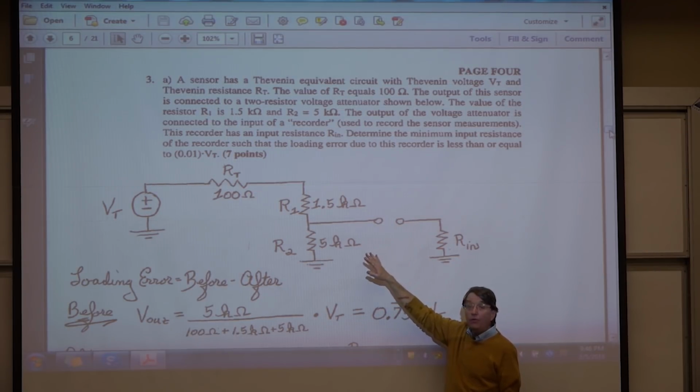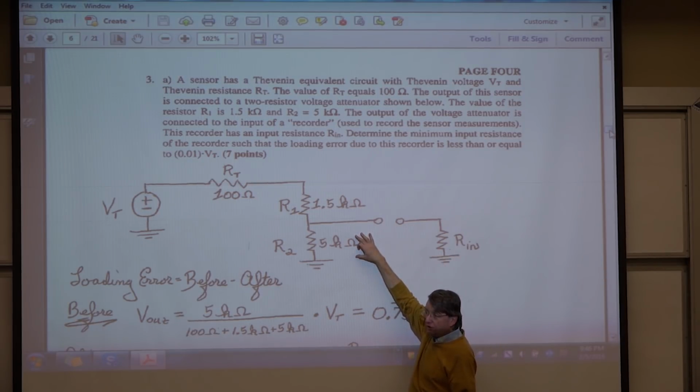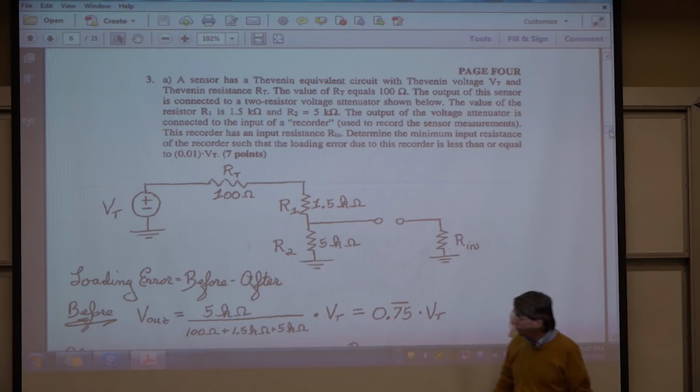So this is voltage division, my colleagues. You can do this. I want the voltage across R2, so that's what I put in the numerator. And then I put in the denominator the other resistors that are in series, and I multiply by the total resistance, and I get 0.75 repeating times VT.